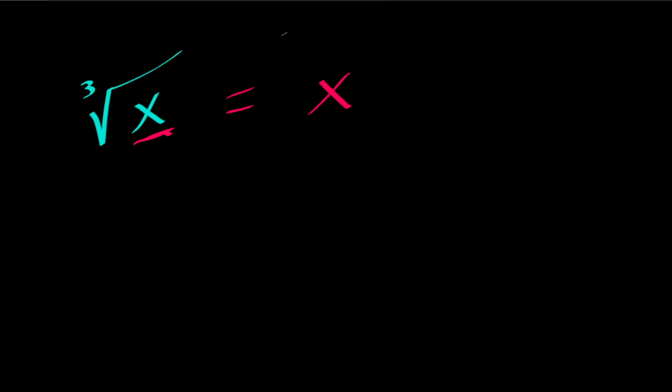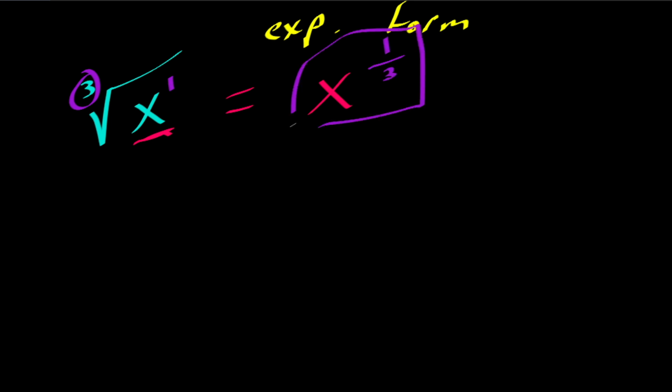Because remember, we're writing this in exponential form. And we can do this at any point when we need it. Okay? So then, all right, I need my fraction exponent. And where am I going to get that from? Well, I know I use the index and the power on the inside. Your job is really to just know index is denominator, so 3 goes on the bottom. Power on the inside is numerator, so it would be x to the 1/3.